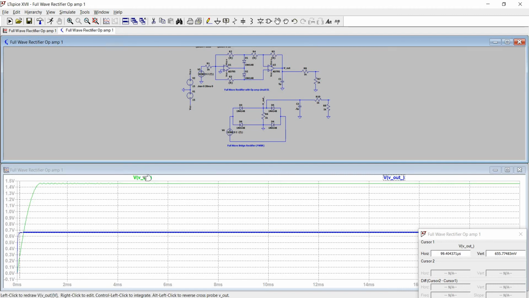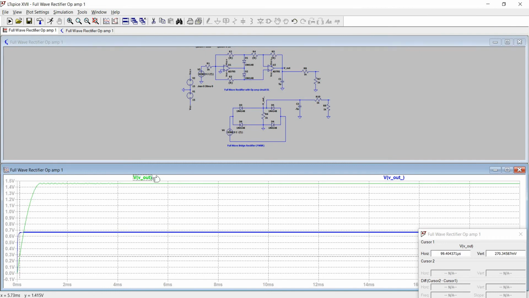But for the op-amp case, it is quite the same, 1.458 volt, meaning approximately 1.46 volt, which is quite similar.